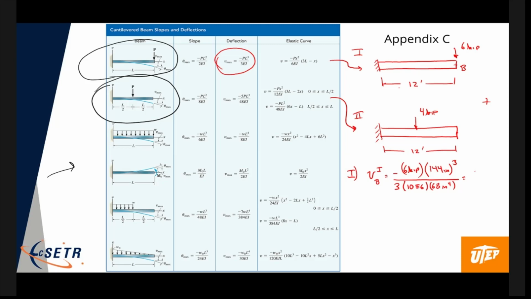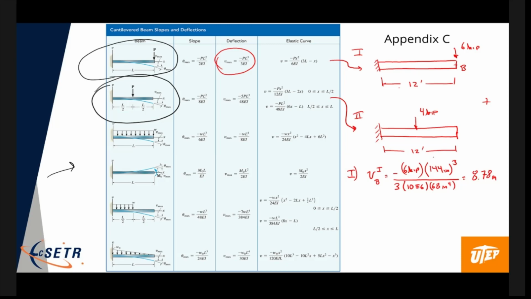And so if we do that, I get a deflection here of 8.78 inches. All right, so that's just if we have the tip load.